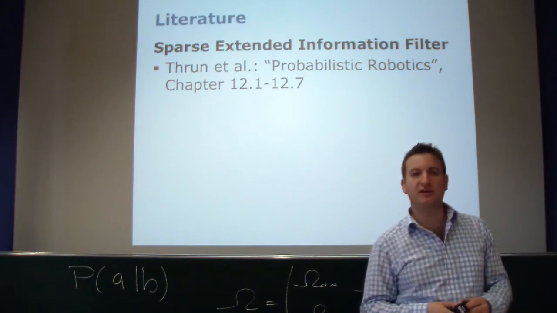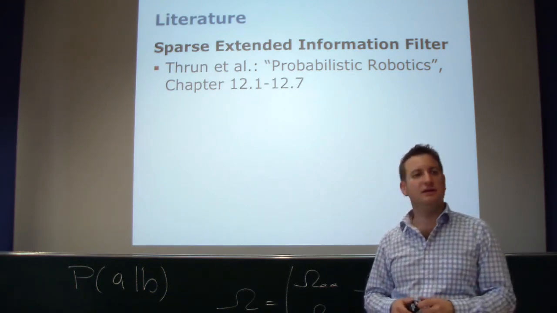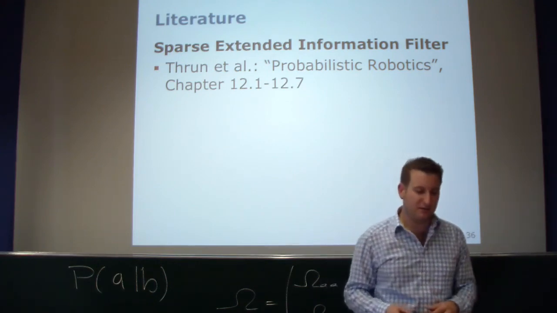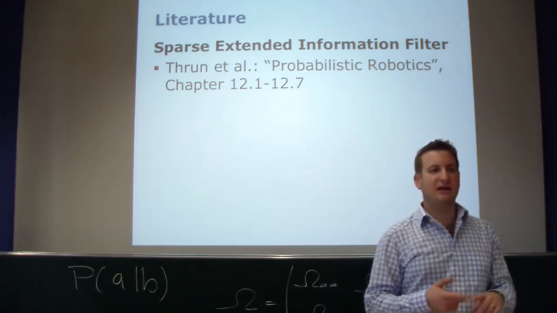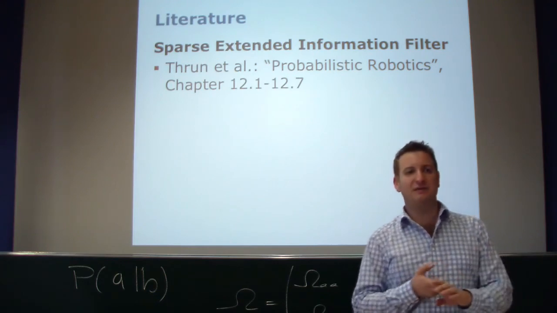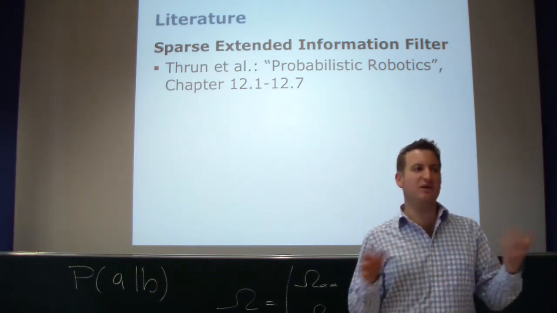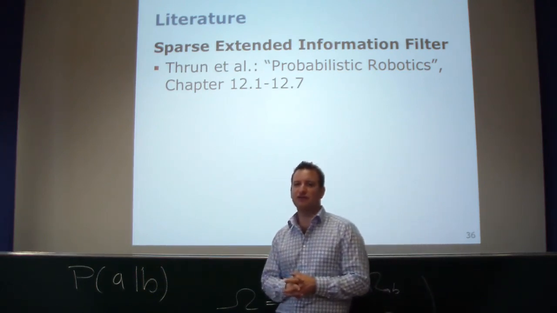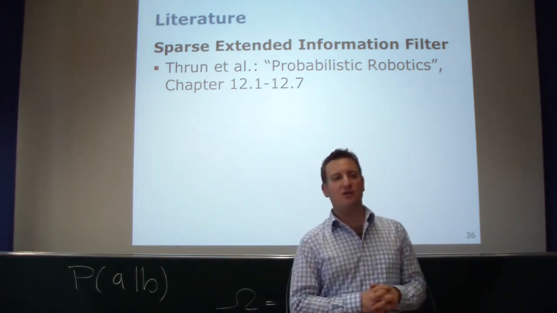Any further questions? Okay, then let's make a 5-minute break, and then I will give a short wrap-up on the Kalman filter and all its friends, and then we continue with the particle filter as an alternative estimation technique, which has some advantages over the Kalman filter.